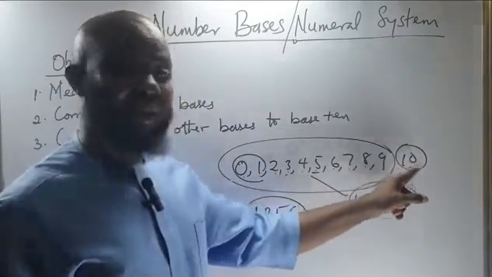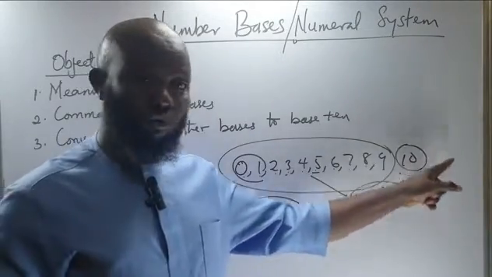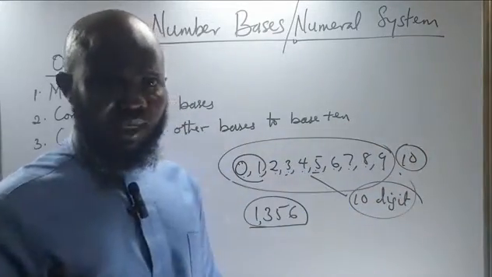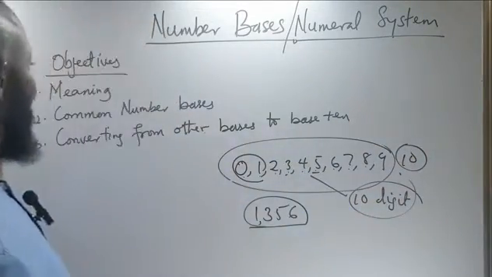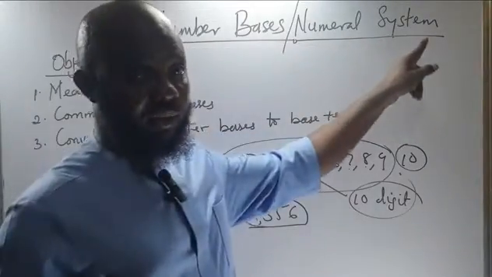If we want to write another base, we will not write 10. There's something that we use to replace 10, 11, 12, 13, 14, 15, 16, and so on. Is that clear? That's the meaning of number bases or numeral systems.